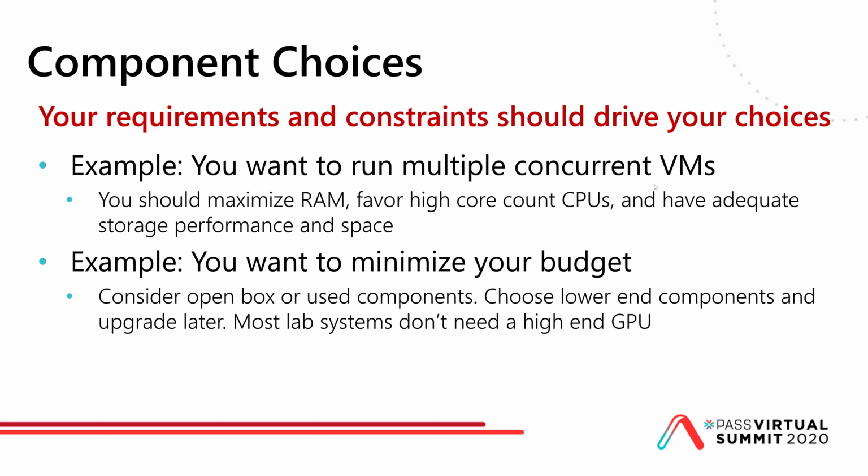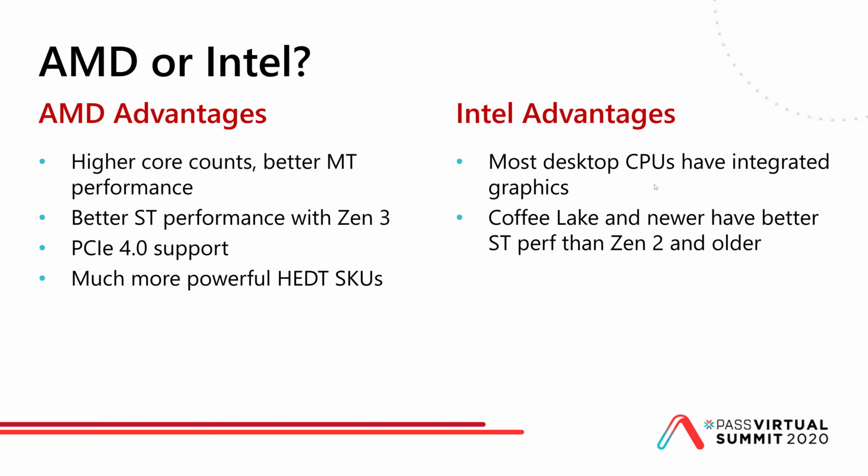And a lot of lab systems don't have GPU-dependent workloads, so you can save money by picking a much lower-end GPU or even using integrated graphics if your processor has that. So that's one way to save money on your component choices. Now, you got to think about, do I want an AMD-based system or an Intel-based system?